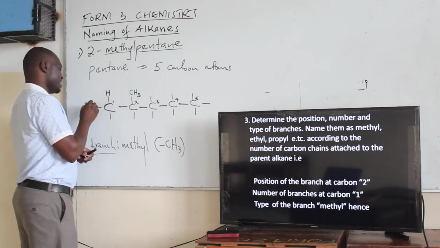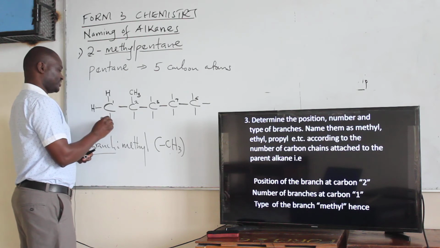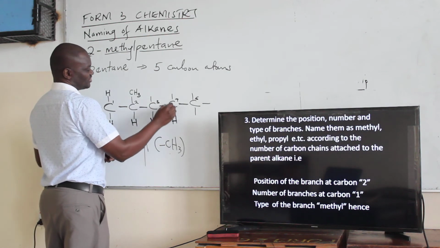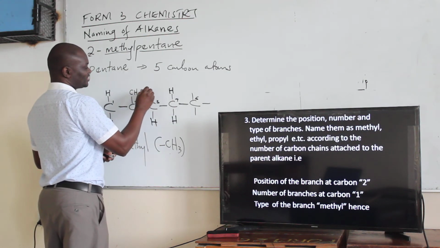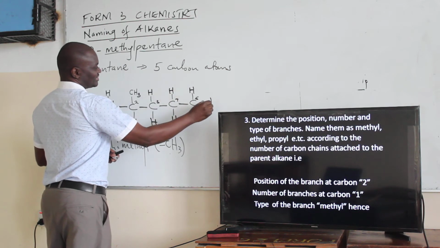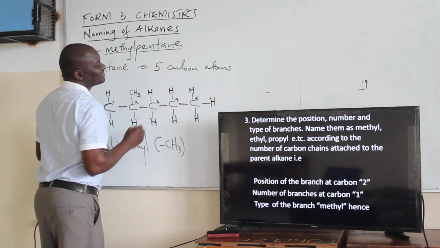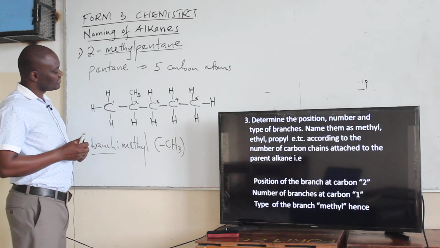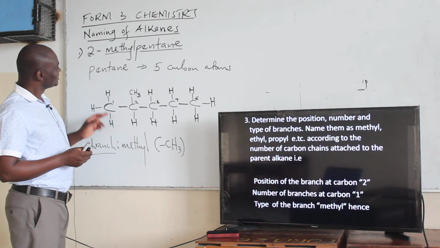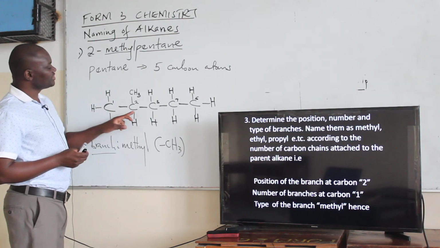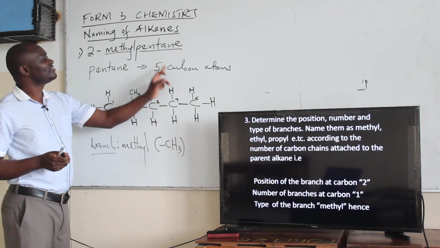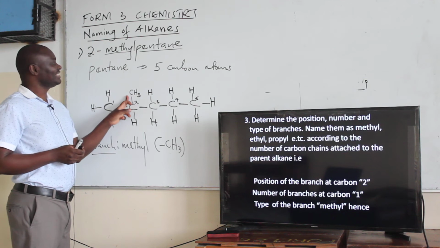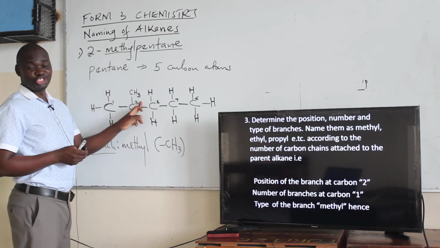Now everything else you slot in H. This is the structure that we have. So we name it: 1, 2, 3, 4, 5 is pentane. The branch is a methyl, found at carbon number 2.